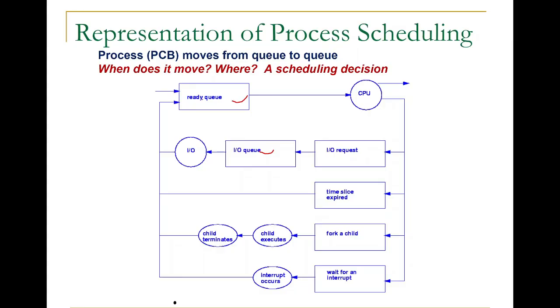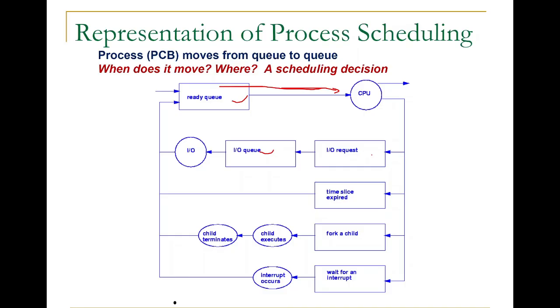Now, when a process is first created, from new it moves into the ready queue, where it needs to go to the CPU. When the CPU is free, it moves from the ready queue to the CPU. While it's working on the CPU, there could be an interrupt, or it could require some other information.